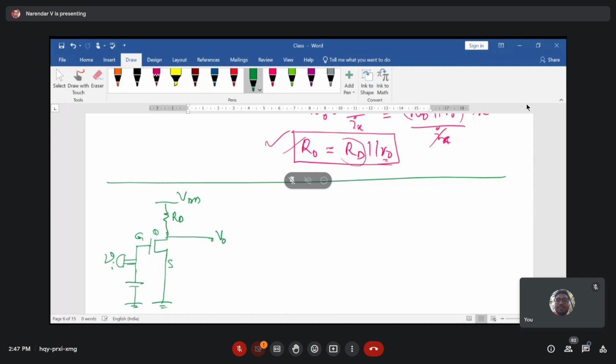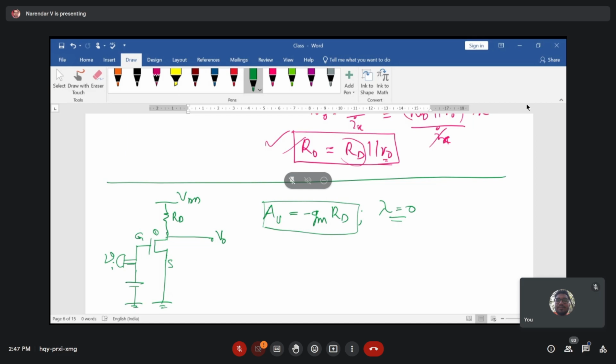Consider the gain of this amplifier, AV, which is minus GM times RD, provided that lambda is equal to 0. If lambda is 0, then you end up with the gain of the amplifier equal to minus GM times RD.